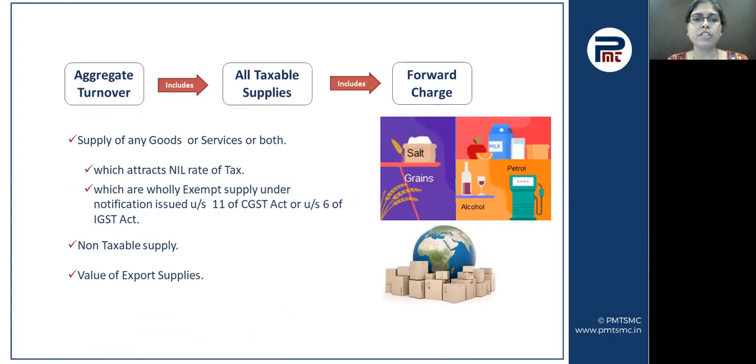It will also cover the supply of goods which are wholly exempt, like milk, fruit, or fresh vegetables, etc. It also includes the non-taxable supplies like petrol or alcohol for human consumption, which are goods not covered under GST purview, and also the value of export of services or goods.